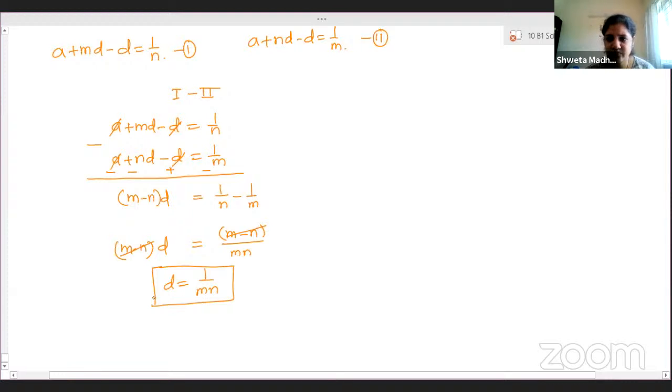Right? Then substitute this value in one of the equations to get the value of a. So a plus md minus d is equal to 1 by n. A plus m into 1 by mn minus 1 by mn is equal to 1 by n. So this m gets cancelled.